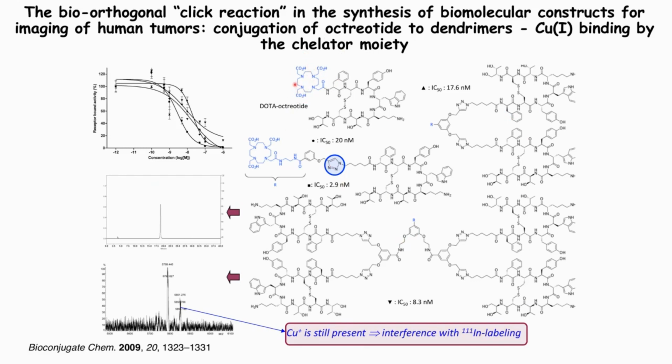But this chelator moiety can also bind copper, meaning this is giving a reduced binding of the radioactive metal ion. So we need something there because we see clearly the disadvantages of copper-assisted click here.